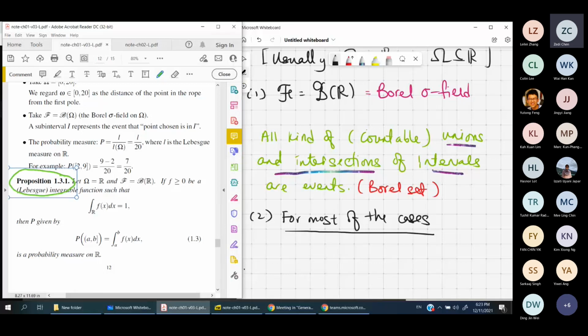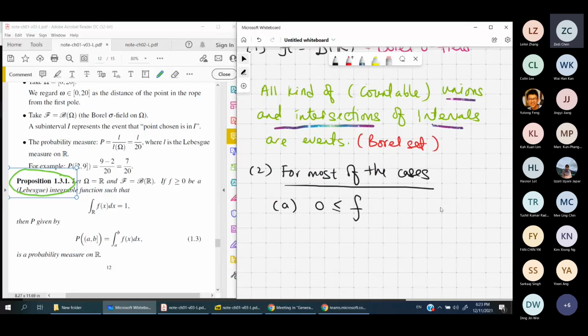What you can do is, first of all, you must have a function f that is greater than or equal to 0. Later, you have to ensure that when you integrate f over R, it gives you value 1.